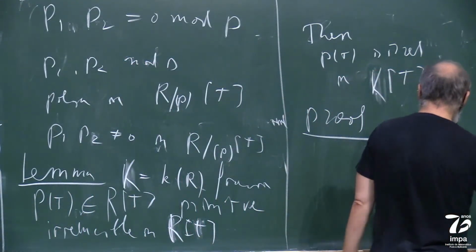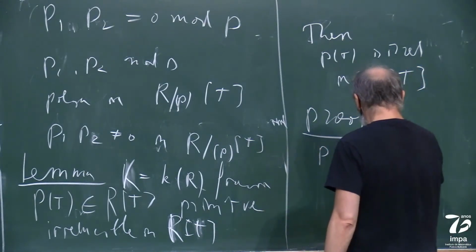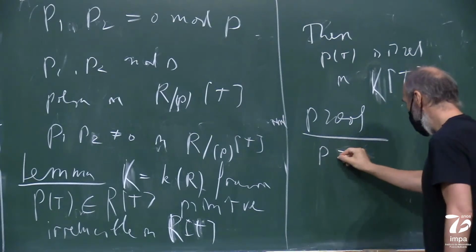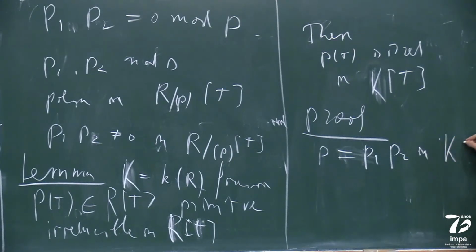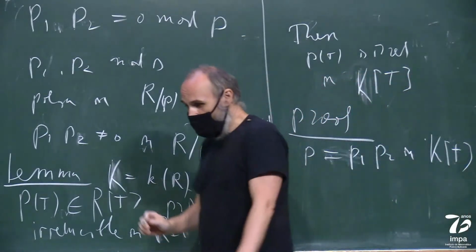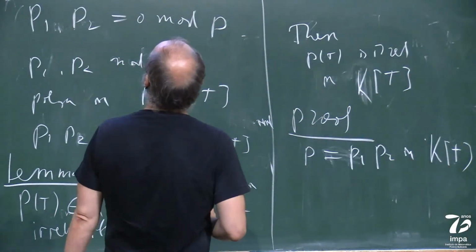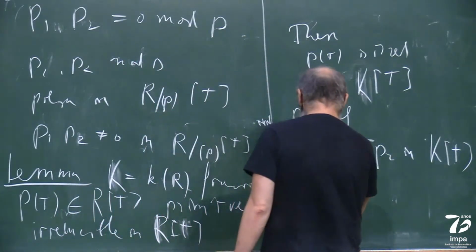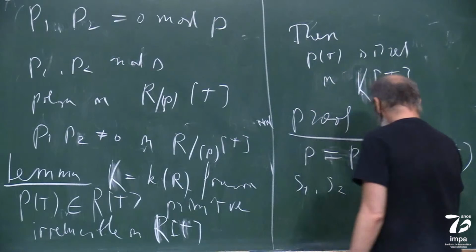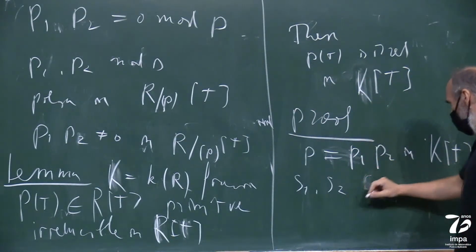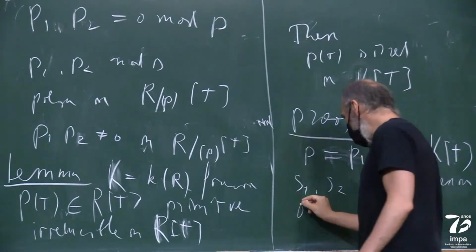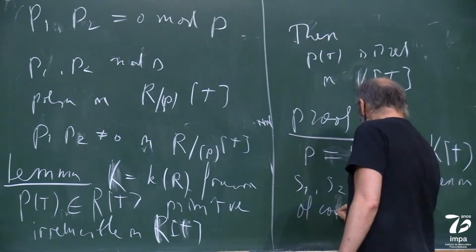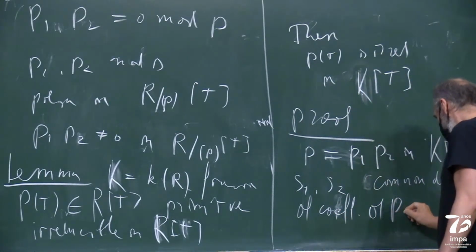Okay, by absurd, suppose that P is not irreducible, so P is equal to P1 times P2 in the polynomials over the fraction field. I want to make it integer, so I write S1, S2 as common denominators of the coefficients of P1, P2.